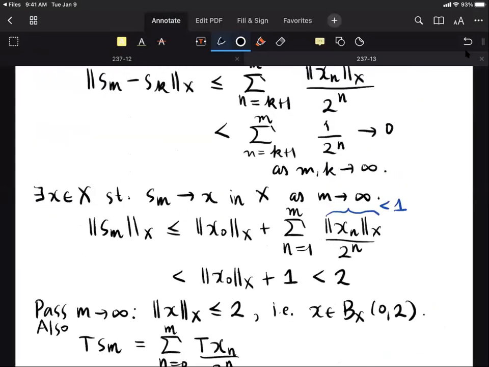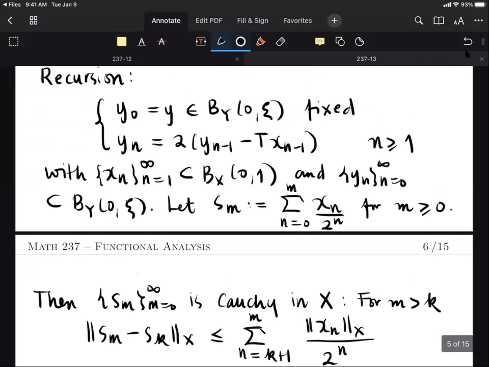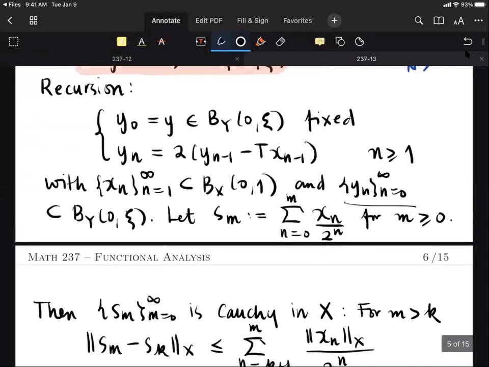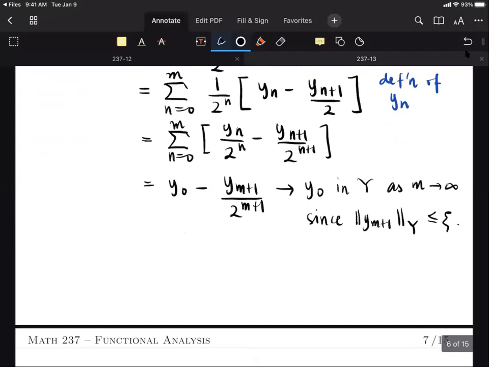And why is that? Because of the way we constructed our recursive sequence yn. So the norm of the numerator is bounded, and the reciprocal of 2 to the n plus 1 tends to 0. Therefore, this tends to y naught.